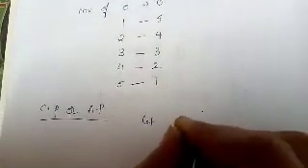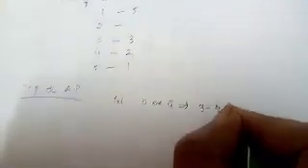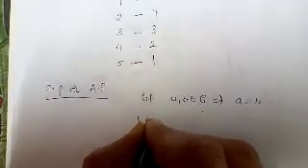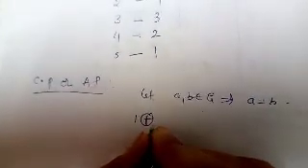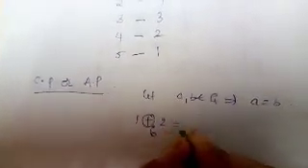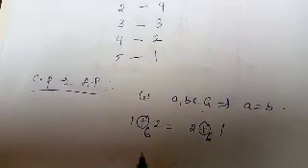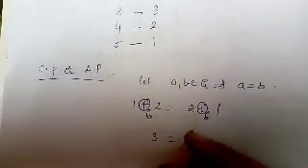Let us take any two elements a, b belonging to G; then a star b equals b star a. For example, 1 addition modulo 6 2 equals 2 addition modulo 6 1. 1 plus 2 gives 3, and 2 plus 1 gives 3.